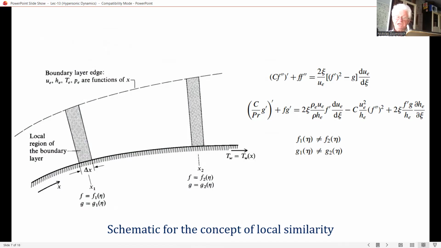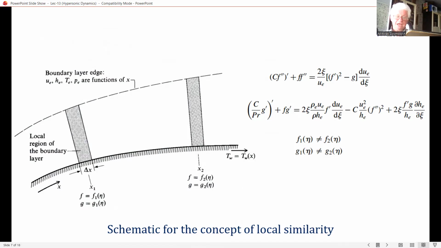This includes the gradient du over d zeta, which is taken to be equal to its local value at x1.